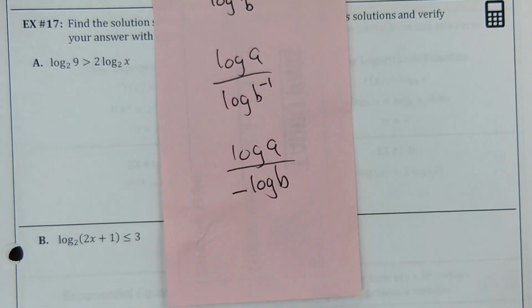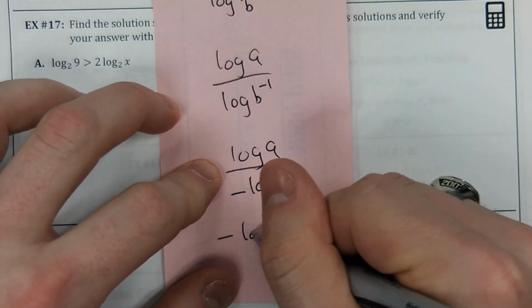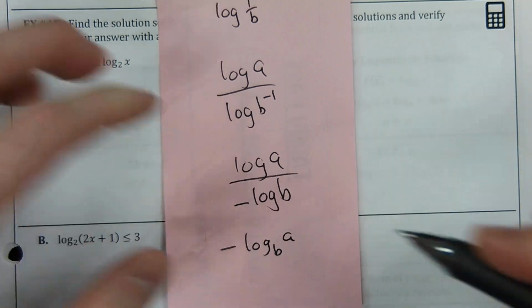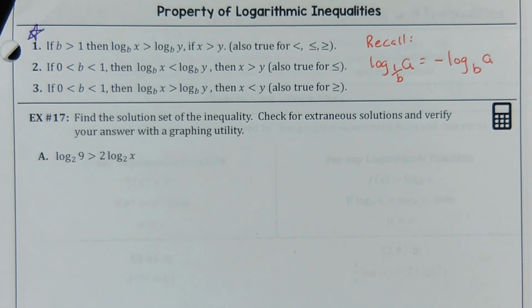And it doesn't matter if the top of a fraction or the bottom of a fraction is negative. Overall, that makes it negative. Log of a over log of b gets you back to log base b of a. And we did that when we were working with change of base. That was also when we found out that switching the argument and the base just gives us the reciprocal of our logarithm, if you can remember that. It's one of those setups.